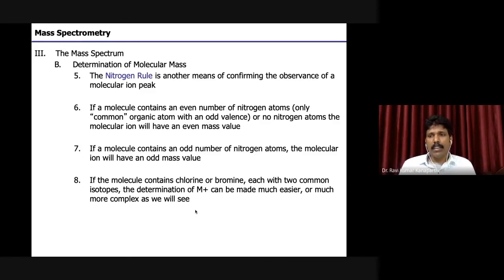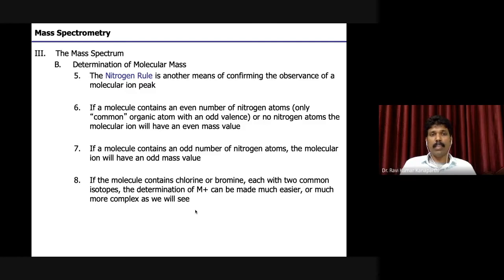For organic compounds, for example nitromethane, what is the molecular mass? How many nitrogens are there? One nitrogen, which is 14.